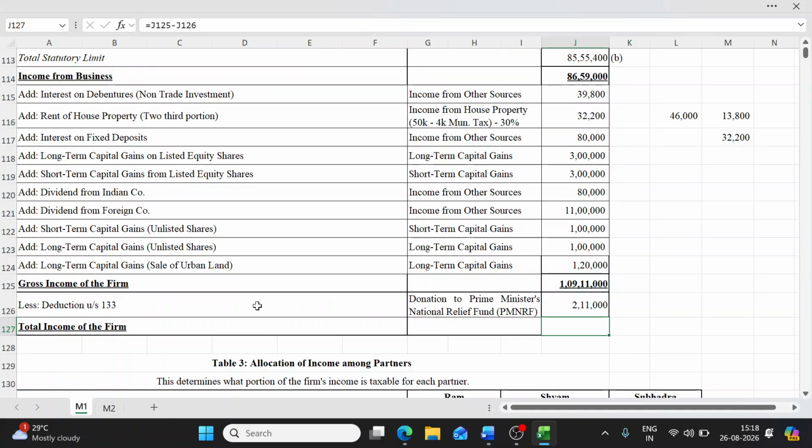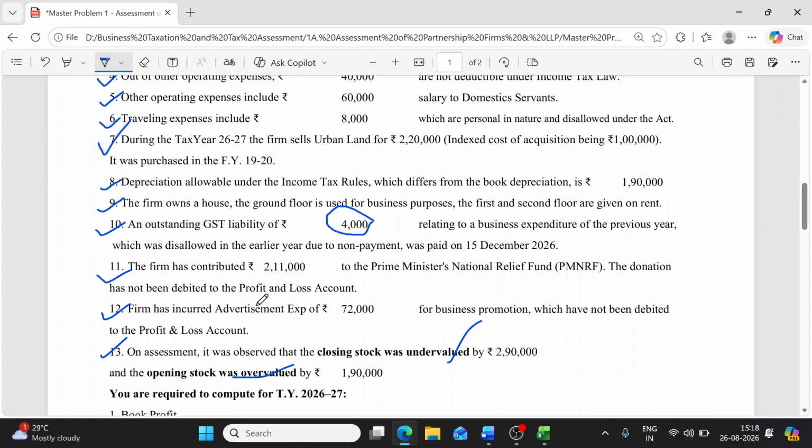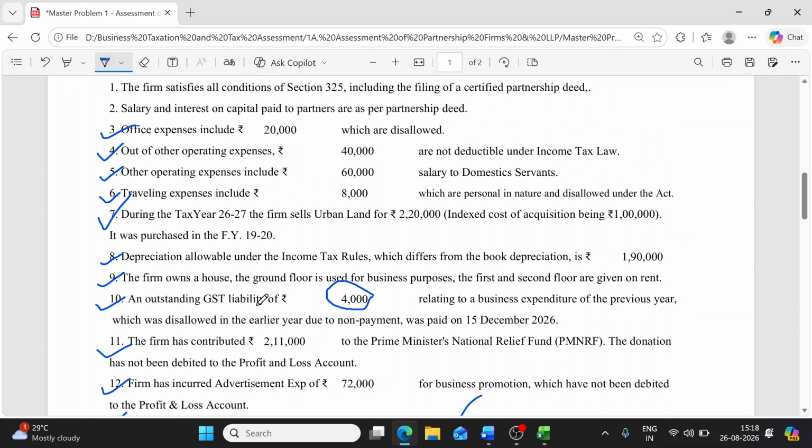You will get the total taxable income, which is 1 crore 7 lakh. So this firm's taxable income is 1 crore 7 lakh, and very soon, after table number 3, we will compute tax on this taxable income. But before that, just go through the adjustments and see whether we have left any.